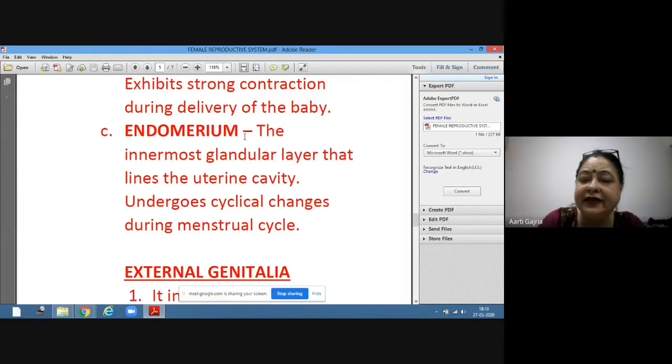And this is the layer where the fetus is implanted. The blastocyst comes and gets implanted in endometrium only. So the innermost glandular layer, which lines the uterine cavity and undergoes cyclical changes during the menstrual cycle, is endometrium.